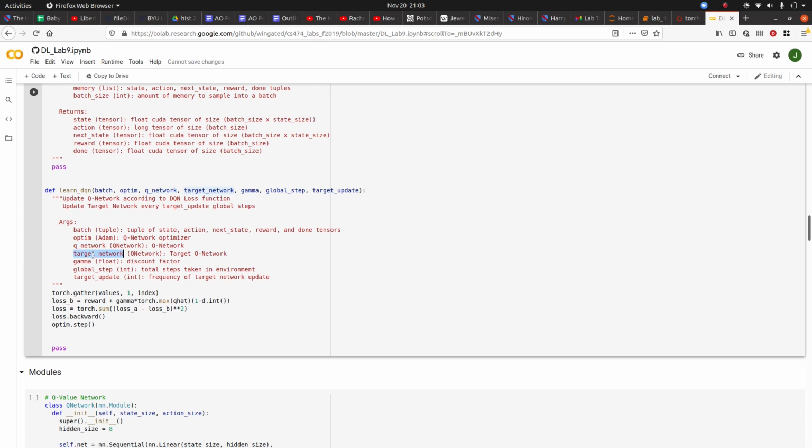We cache it every now and again, so that we only get versions of the model that we're pretty confident are legitimate. We're never going to have a spurious episode that takes us way off course, and then that ends up being our Q network. That's not going to be the case because we're only going to cache it every 50 steps or so.